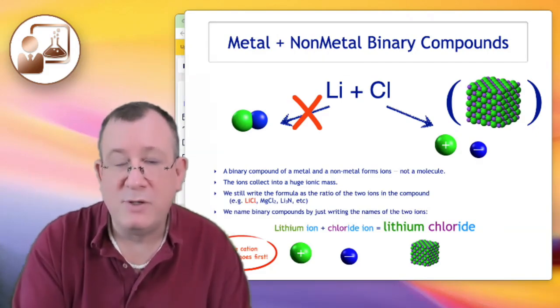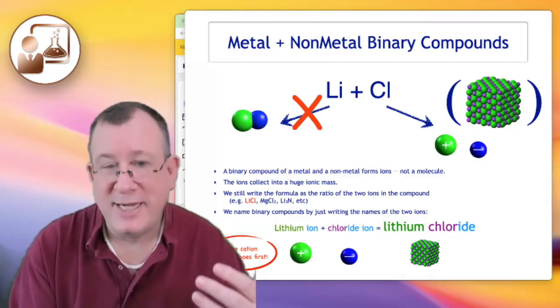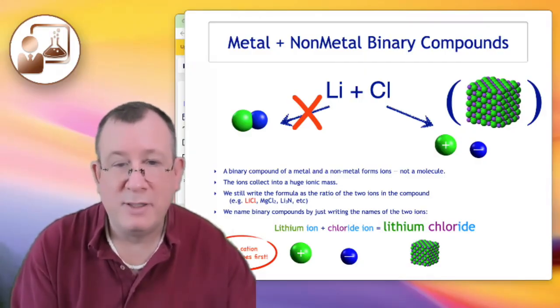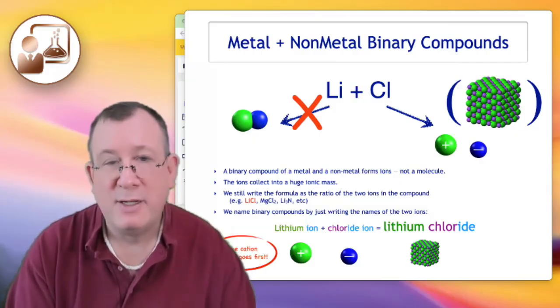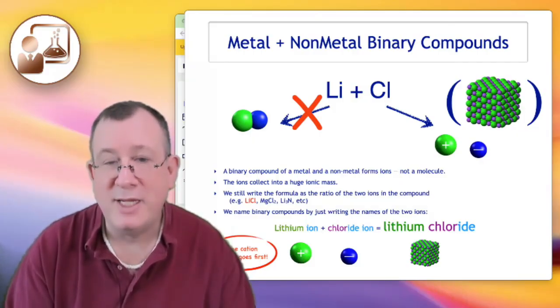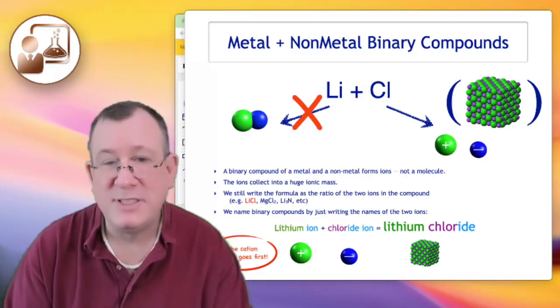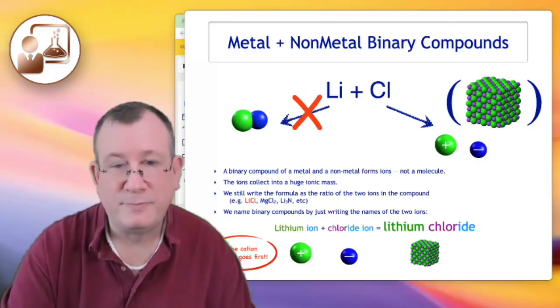They form these big arrays. And the name is formed the same way. I take the name of each particle, the lithium ion, the chloride ion, snap it together. Make sure you take off the word ion on the end when you do it. And the substance that is a result of lithium ion and chloride ion coming together, that's lithium chloride.